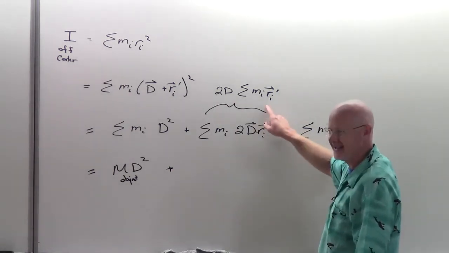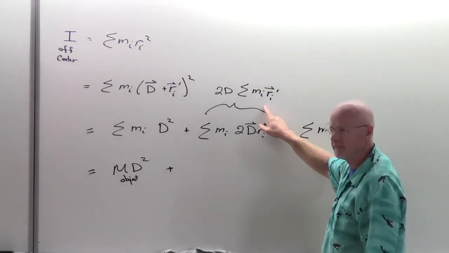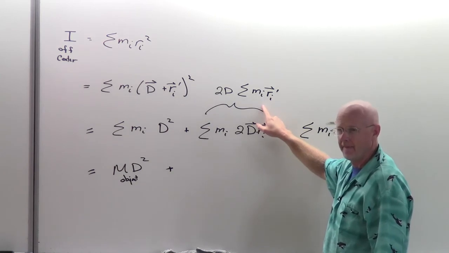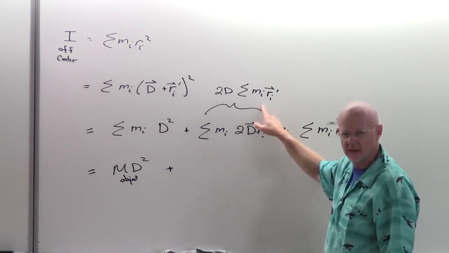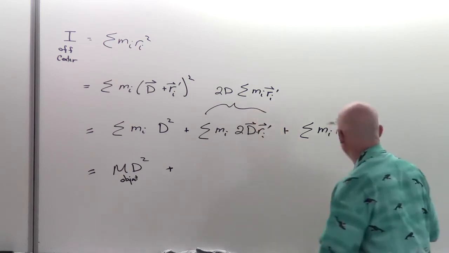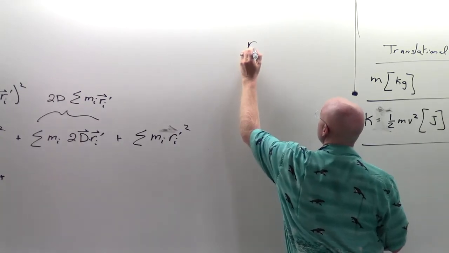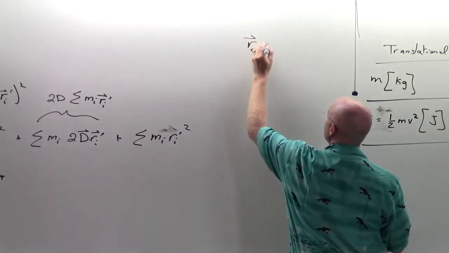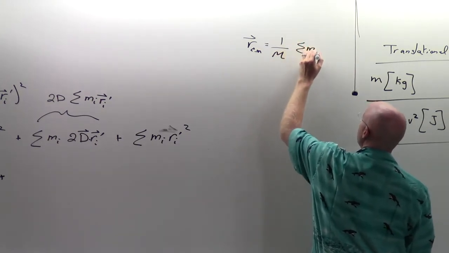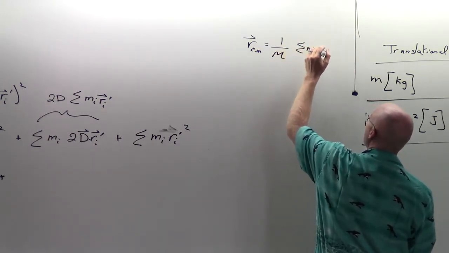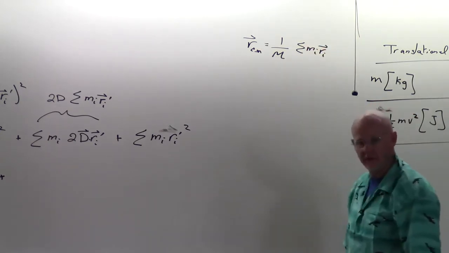And what's that? Isn't that the summation for the center of mass? Maybe I should remind us, isn't the position of the center of mass 1 over the total mass of the object, the sum of m_i r_i? Add it up. That from our chapter 9?